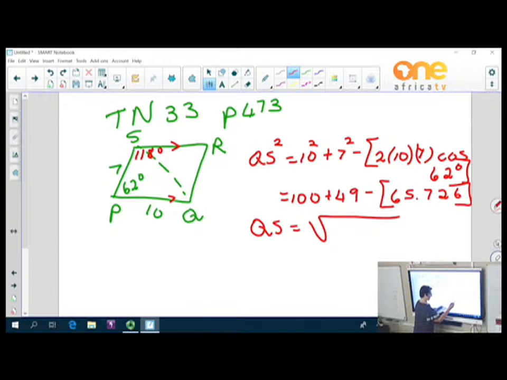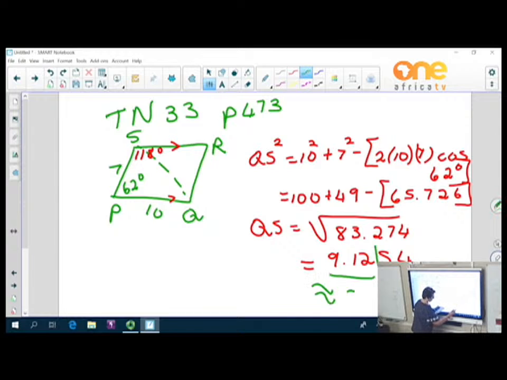So here I have 83.274. And in a final step, we get the square root of that answer, which is 9.1254. That's what I get. Rounding off to 3 significant figures, it will be 9.13. There's your answer for that one.